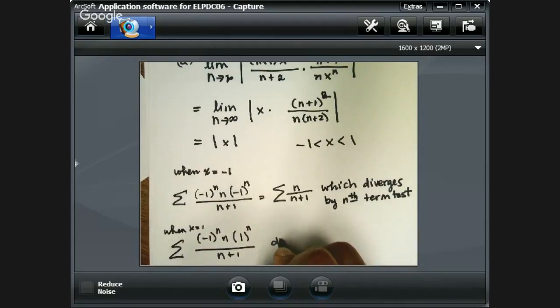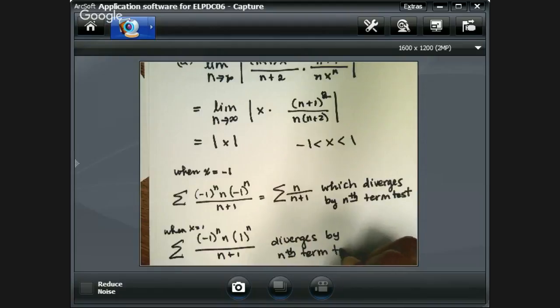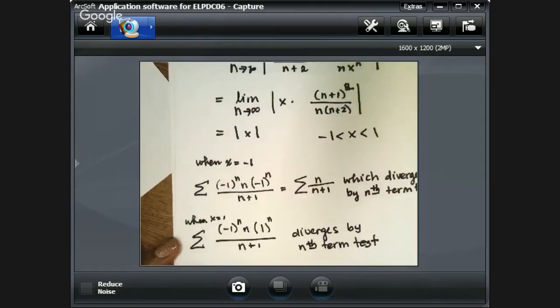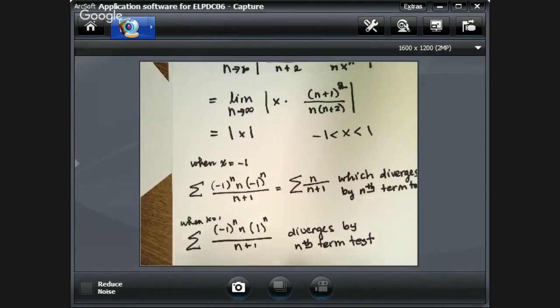This one diverges too by nth term test. I'm almost finished. So that means the interval of convergence is -1 to 1, the open interval.